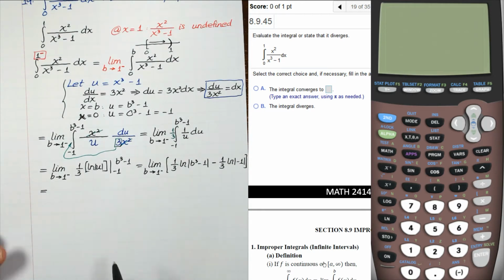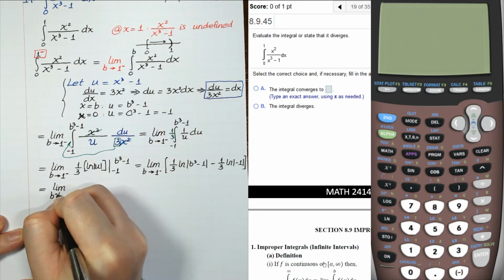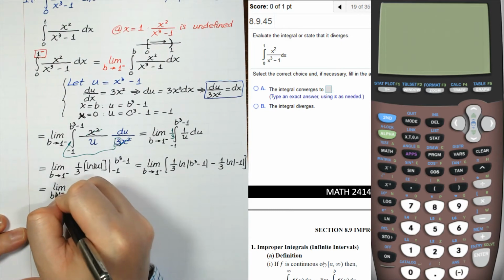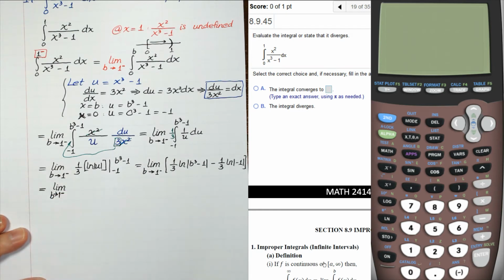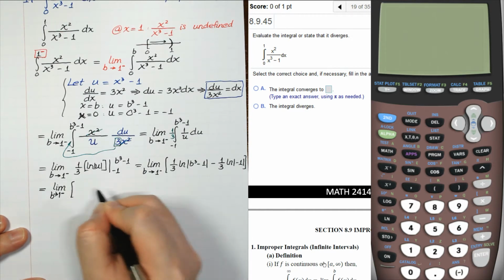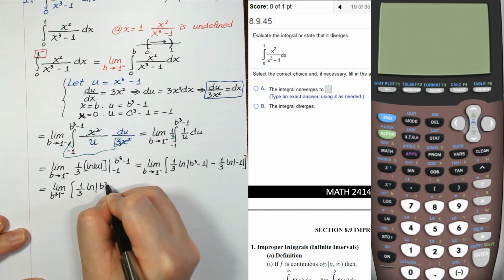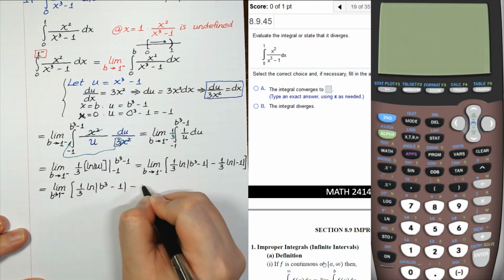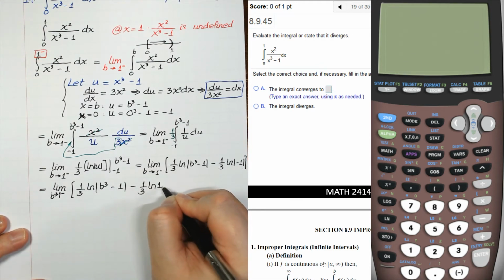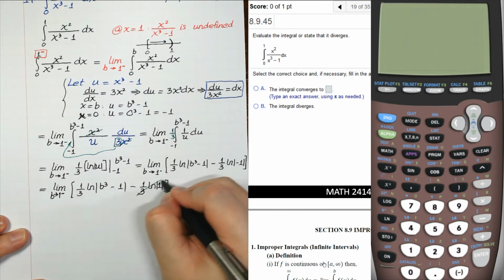Right. B goes to 1. And we have this: 1/3 ln of absolute value of b cubed minus 1, minus 1/3 ln of absolute value of -1, which is 1. ln of 1 is 0.